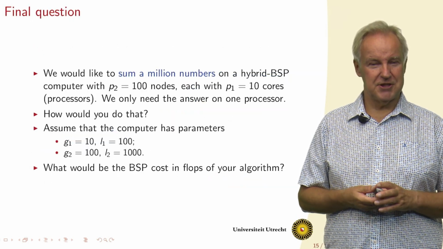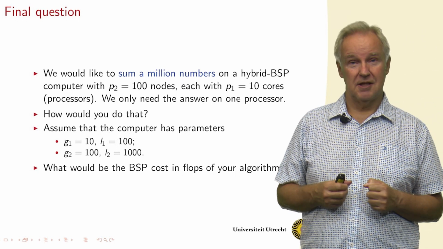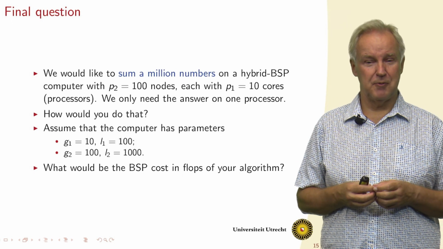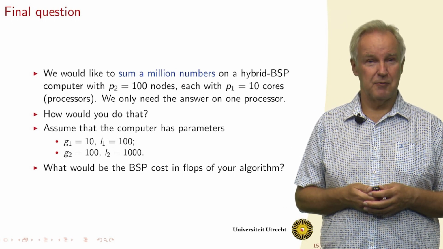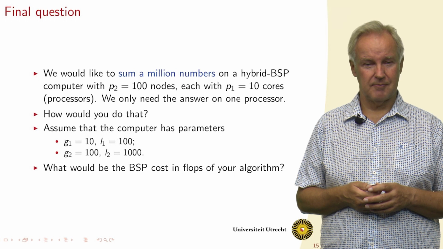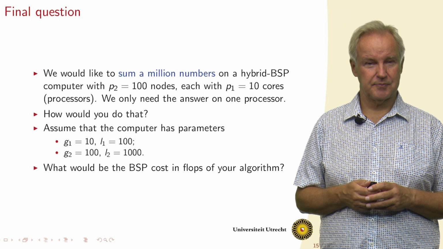Now a final question. Assume that you have 1 million numbers that you want to add on a hybrid BSP computer, which has 100 nodes. Each node has 10 cores. And we only need the answer in one processor.